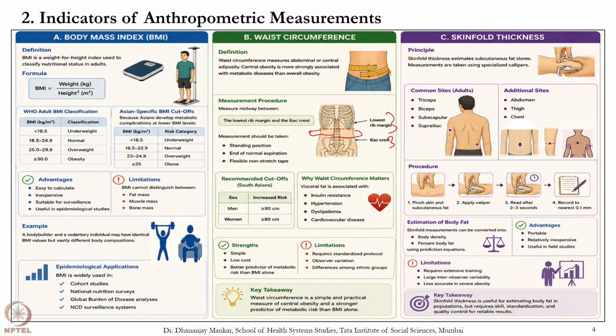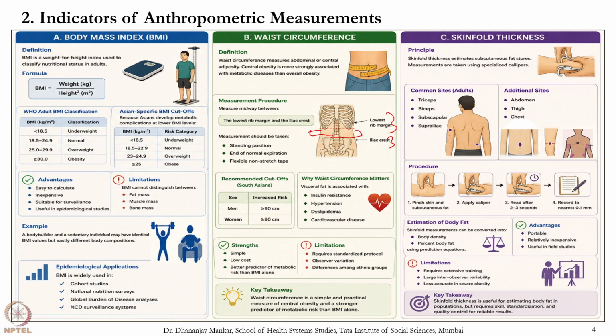In additional sites you may have abdomen, thigh, and chest. So the procedure is to pinch skin and subcutaneous fat, apply the caliper over here, read after 2 to 3 seconds and record to the nearest 0.1 millimeter.